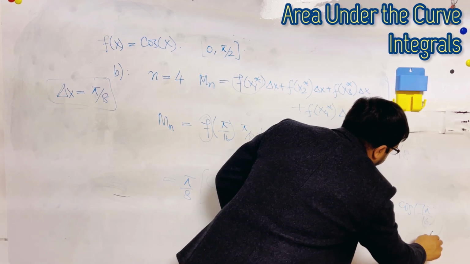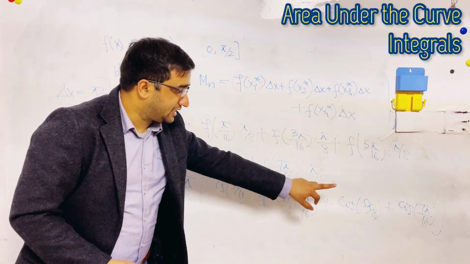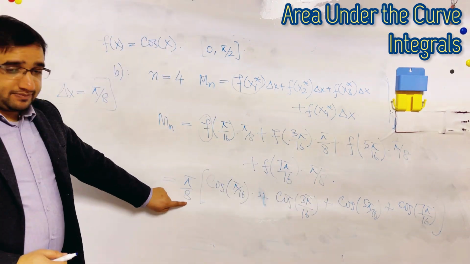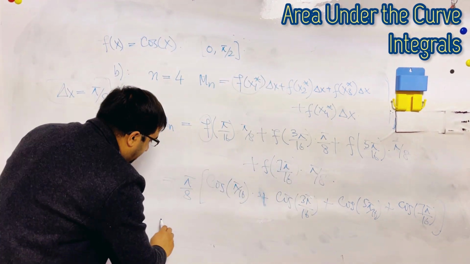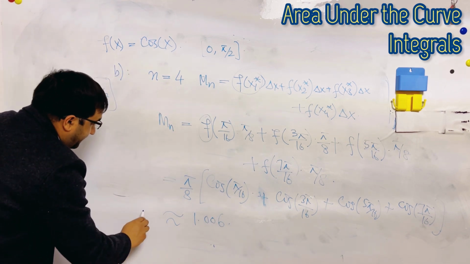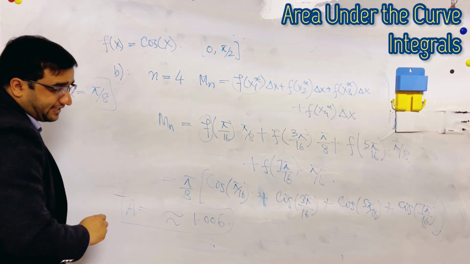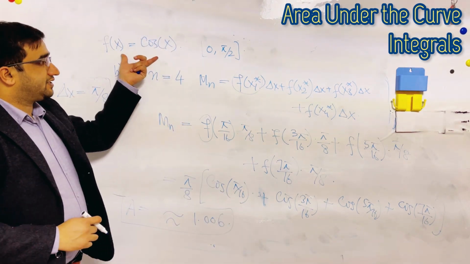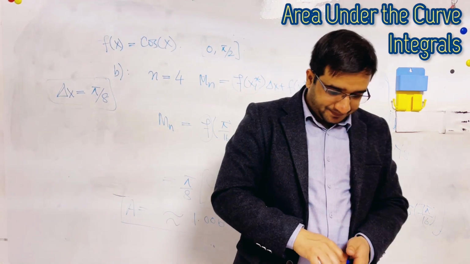Now you can find these values using the calculator, add them together, multiply them with pi by 8, and the final answer will be 1.006. This is the approximated area using the midpoints for this function in this interval.